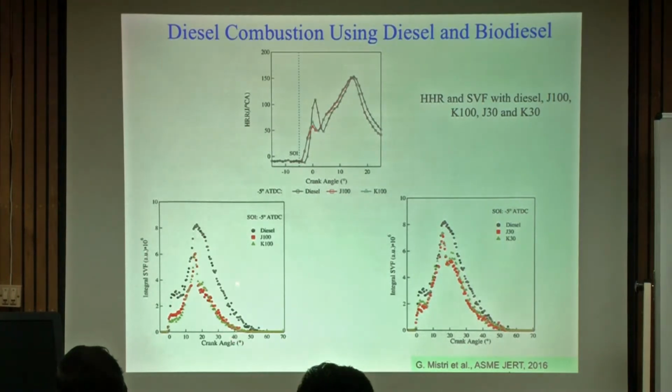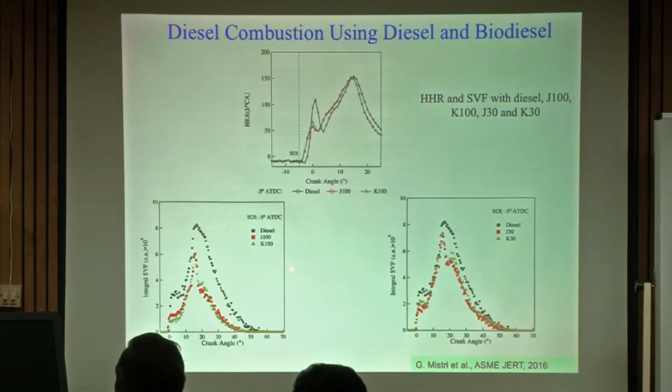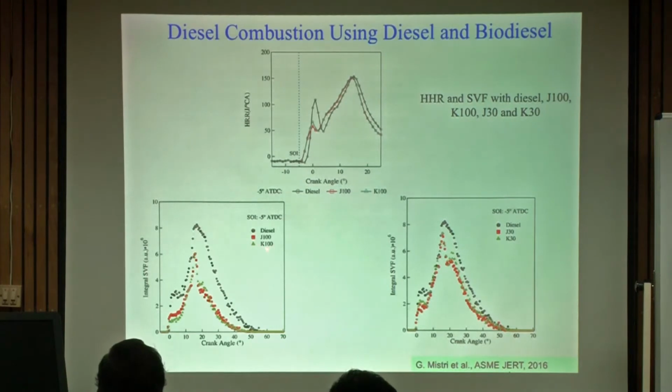So these are not very quantitative, but qualitatively you can see the effect. So what do you see? The soot volume. This is comparing diesel. What does J100 mean? Pure Jatropha, no mixture, and then 100% Karanja. Diesel is producing more soot compared to the biodiesel.